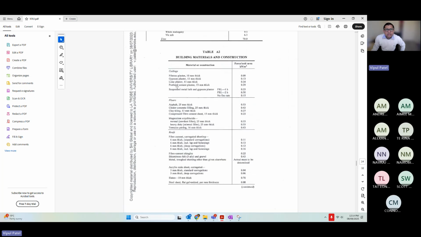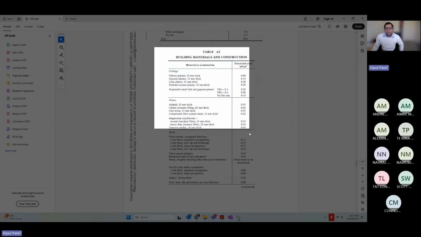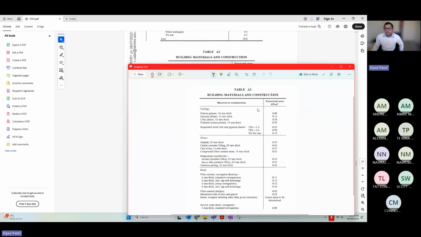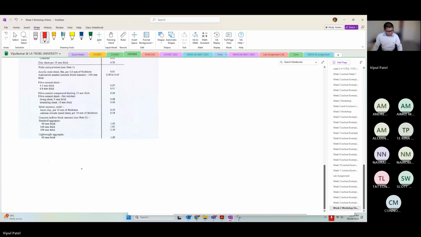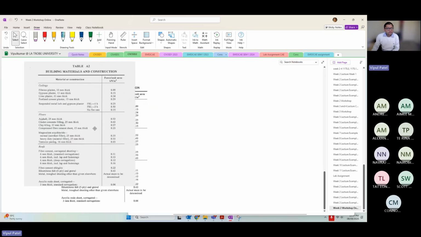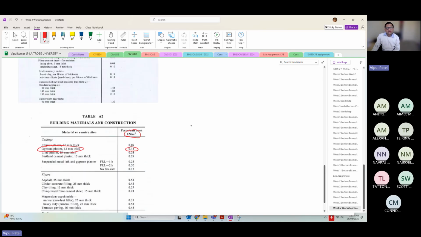Yeah, okay, ceilings and gypsum plasterboard. That's the one. That's gypsum plasterboard 0.13. So let me copy these ones. And the ceilings, we will have a ceiling plasterboard. So that's your plasterboard's weight, and I can circle it with red. Gypsum plasterboard, 13 millimeter thick, has 0.13 kilonewton per meter square.